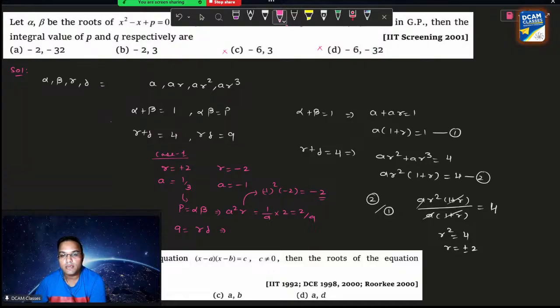So it will be a square r power 5. We have considered this case because by the first case we are not getting the answer. So a square r power 5, which is -1 whole square, r is -2 whole power 5. So you are getting -32. So option A.